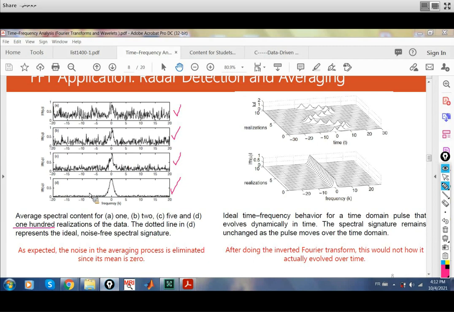Because here the noise is white. The center of noise, the frequency of noise is 0. Then by averaging in frequency domain, we can remove the noise. It is another advantage or another application in this field.